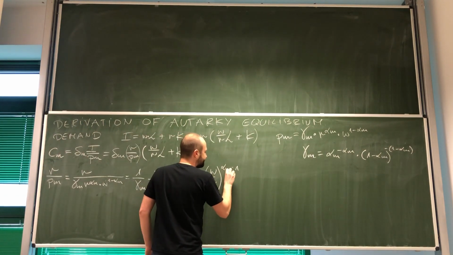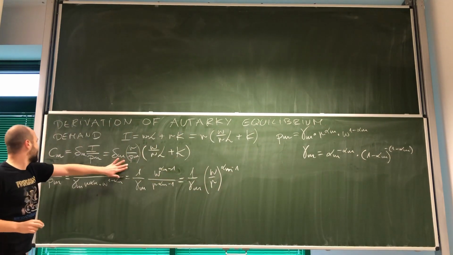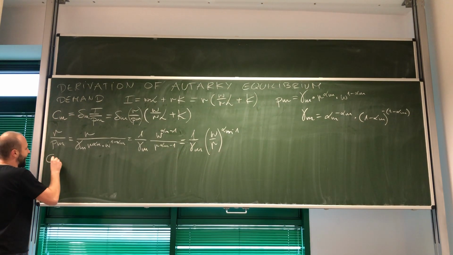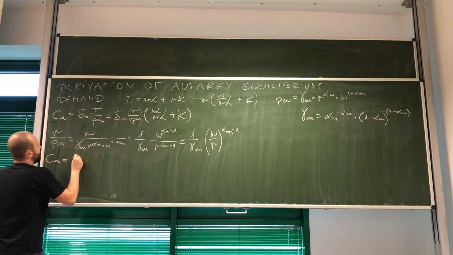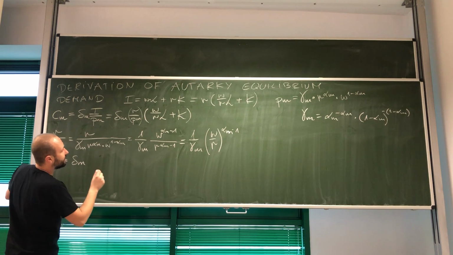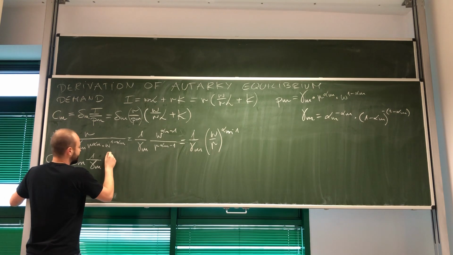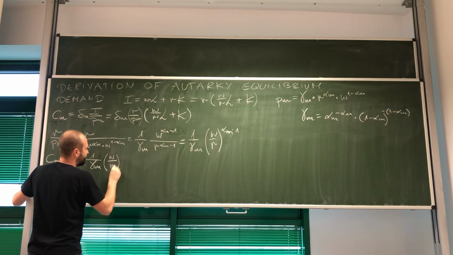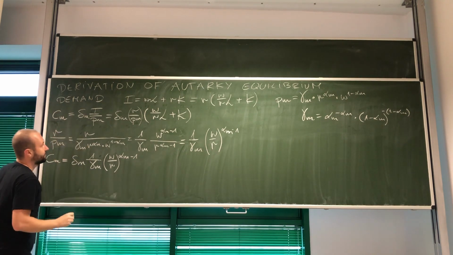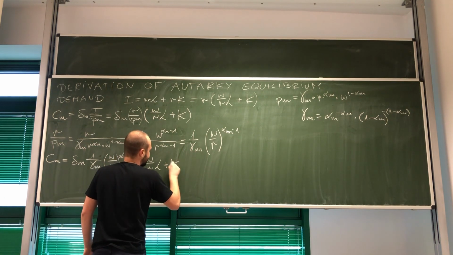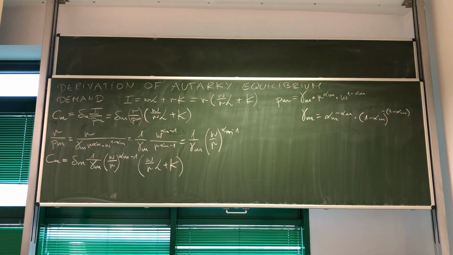Okay, and this is something we can put back into our demand function. So we've got that this C M is equal to delta M times 1 over gamma M times W over R to the power alpha M minus 1, and finally times W over R times L plus K. Okay, and actually we could finish at this moment, but there are some additional things we can do here.